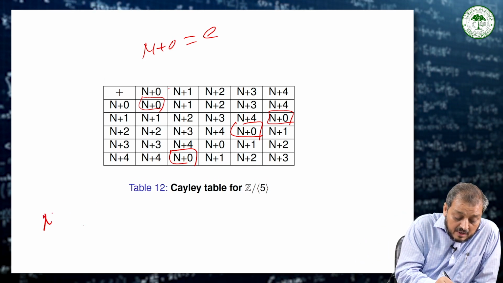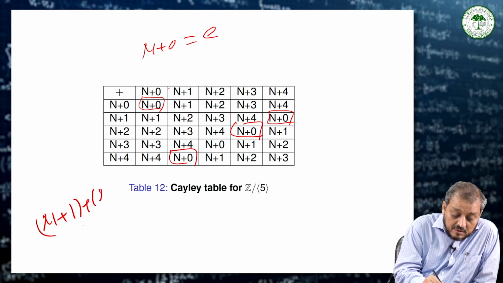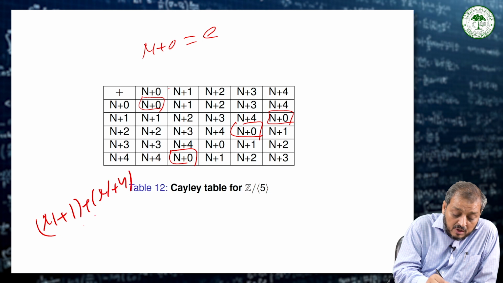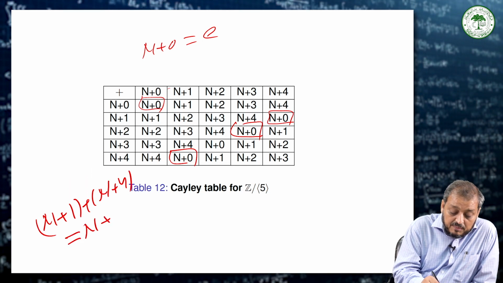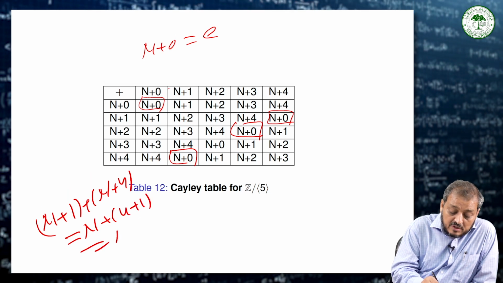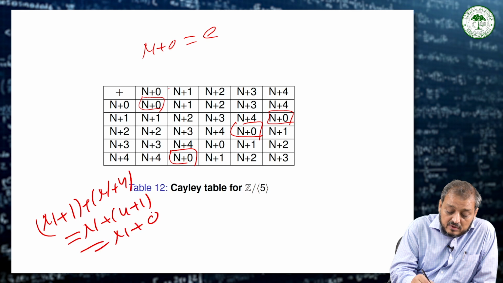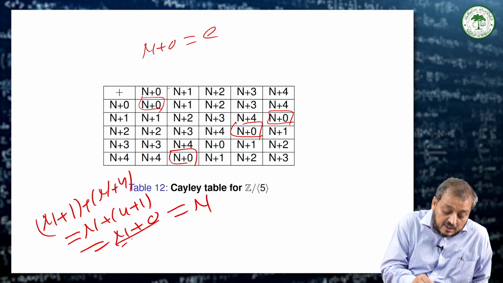We have N plus 1 and N plus 4, and that is modulo 5. This can be written by the definition as N plus 4 plus 1, and 4 plus 1 is equal to 5, remainder is 0, and that is equal to N. So the identity coset is equal to N plus 0.